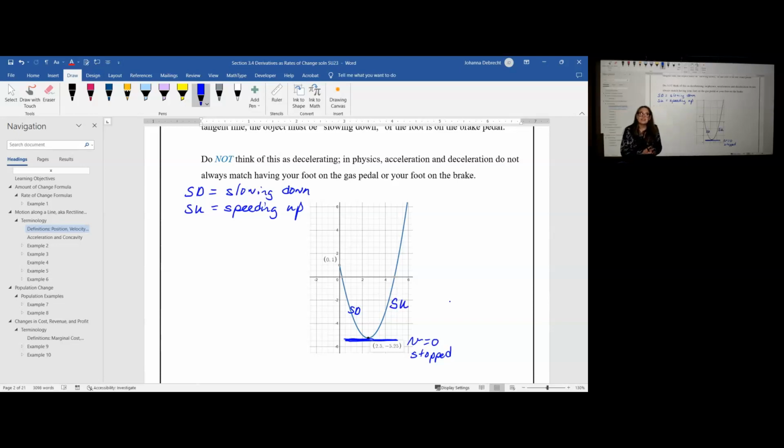Now, we want to talk a little bit about what acceleration means. Before we do that, let's make note of what speeding up and slowing down mean. Slowing down just to the left of maximums and minimums. We're speeding up just to the right of maximums and minimums.